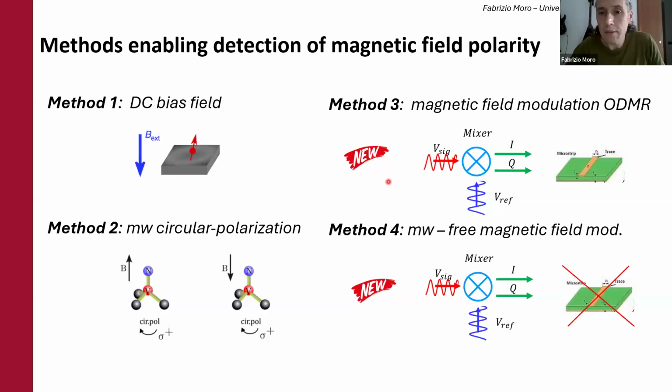This technique works both on resonance, using a resonance signal from an ODMR spectrum, or off resonance. Therefore, this method doesn't require any microwave radiation, and so we don't even need a microstrip line for exciting magnetic resonance transitions in the NV center.